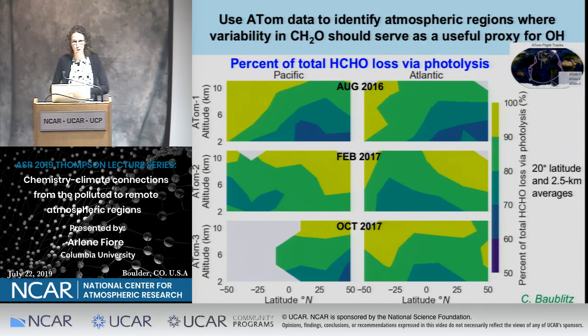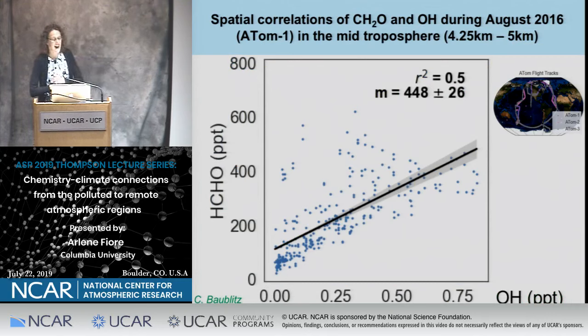And just to give you one highlight before time runs out, this is the correlation plot for the mid-troposphere showing formaldehyde versus OH. These are in the measurements. And we get about 50% of the variability explained, which quite honestly I was pretty excited about. One of the things we're finding is we have to screen the data really carefully, and look carefully in regions of the atmosphere where water vapor isn't changing too much, and we're also finding correlations with NOx.